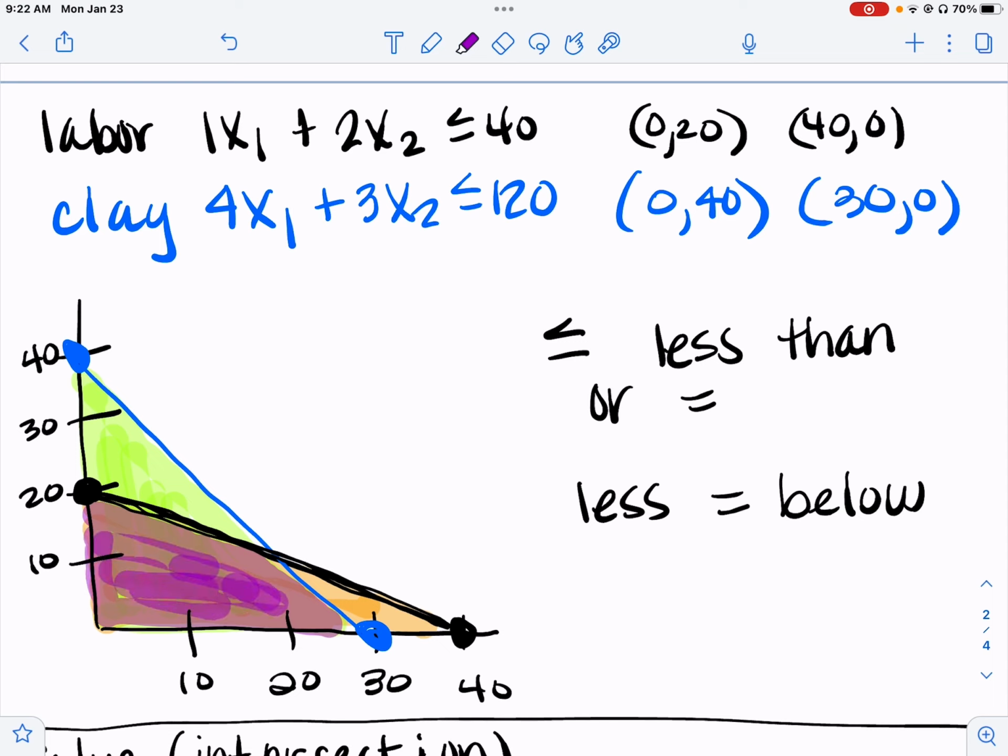Okay, so our 3 points that we're going to use, our 3 corner points, means what's attached to that purplish area. This is a corner point.